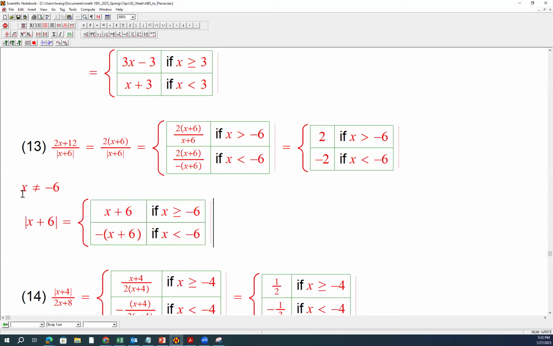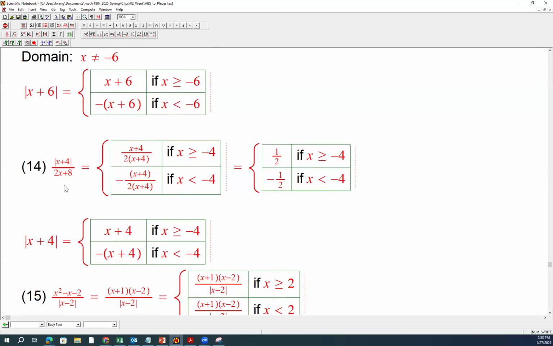But once we move to this part, I apologize, but I'm glad I caught it before the recording is over. We have to be aware of the domain. That's why these questions ask for domains. So this equal has to be removed. And for the other case, the domain is x cannot be negative 4.